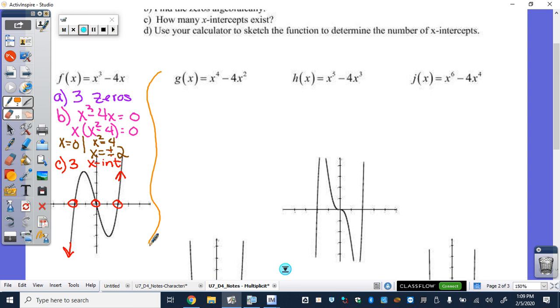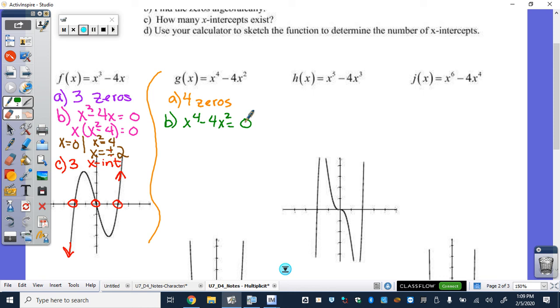So let's look at function g there. How many zeros should g have? 4. Let's find the 4 zeros algebraically. So x to the 4th minus 4x squared equals 0.